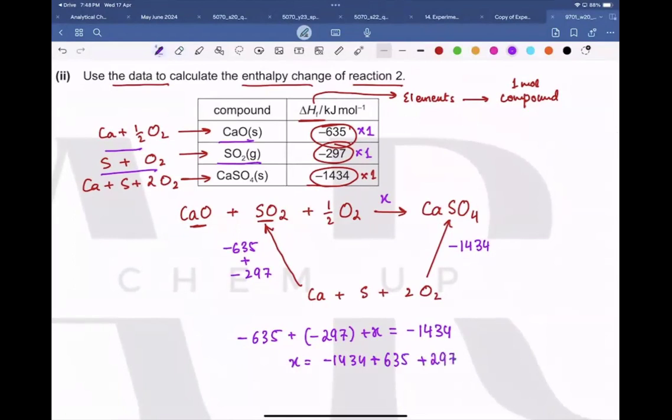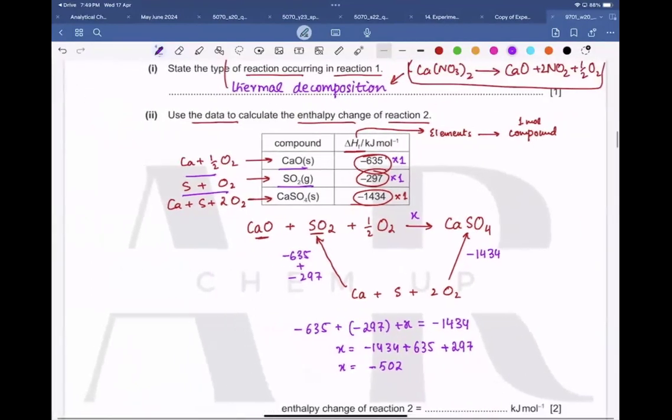Now, if you solve it, let me know what you get. Is it minus 502? Yes, Kaf, is this clear or do you still have any confusion? And if anyone else has any confusion, please ask.